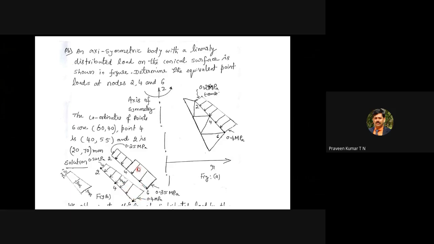So what is the average UDL acting on the edge 6 4? You have to find out. To find the average UDL acting on edge 6 4, that is a simple formula: 0.4 megapascal P6 plus P4, P4 is 0.3 megapascal, divided by 2. That is 0.4 plus 0.3 divided by 2, so it will become 0.35 megapascal.